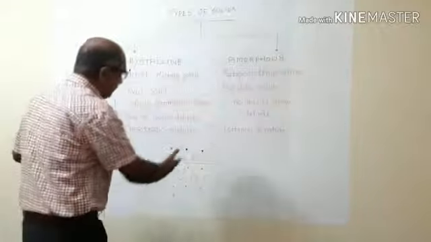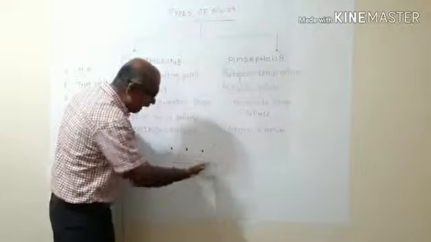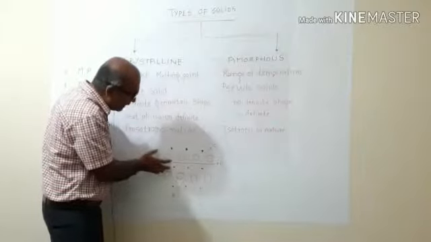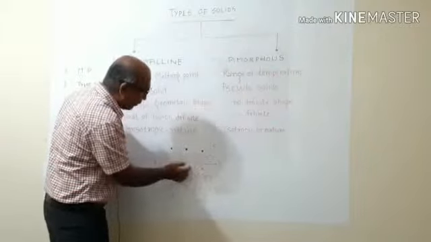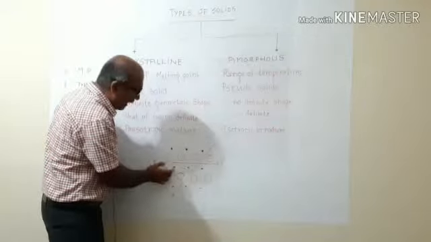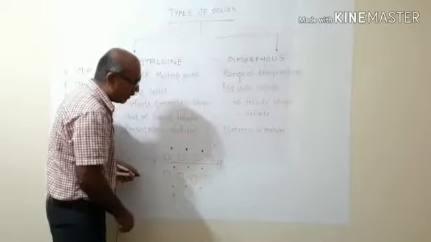Here, on either side of the AB direction, there are different molecules, big and small.